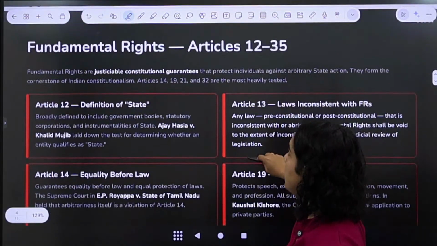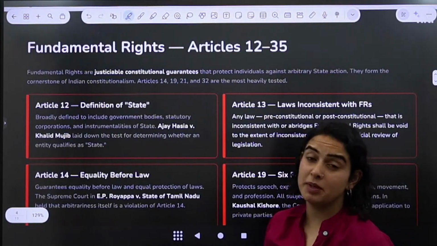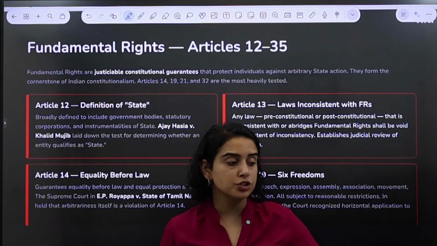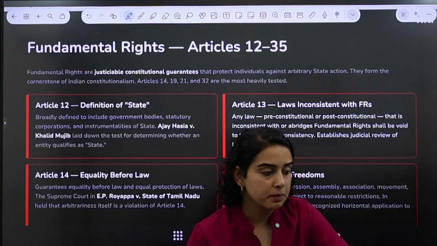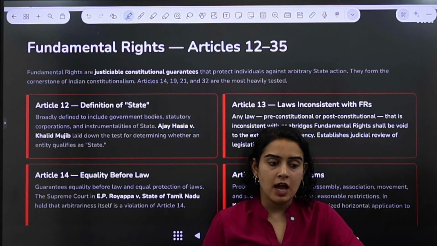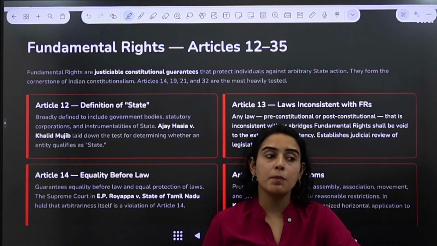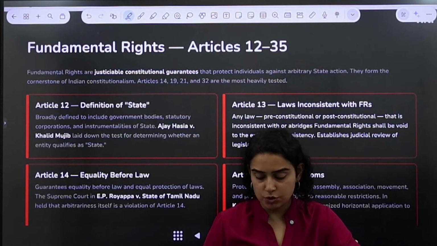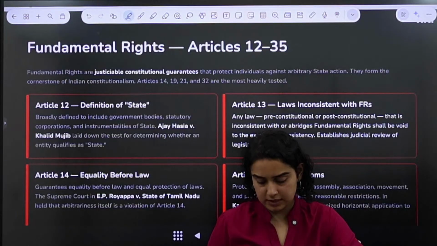Then most important are the fundamental rights. The Constitution of India is divided into multiple parts, and there are schedules as well. Part 3 of the Indian Constitution talks about the fundamental rights.